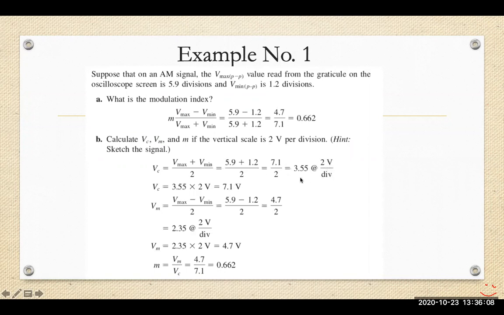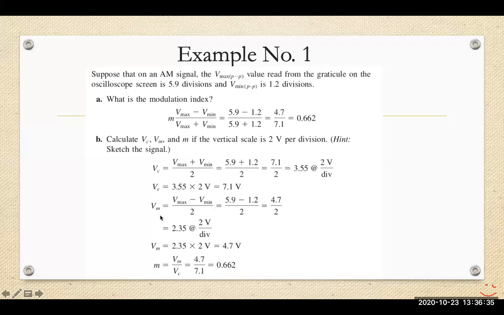Kasi ang unit natin dito will become number of divisions, di ba? So Vmax plus Vmin is over 2. So we have 5.9 plus 1.2 divided by 2 equals 7.1 over 2, which is 3.55 divisions. We need to know the voltage value, so times 2 volts per division. So the answer to this is 7.1 volts.